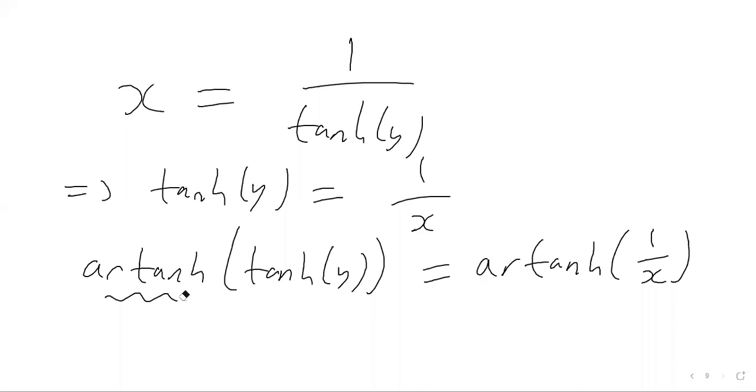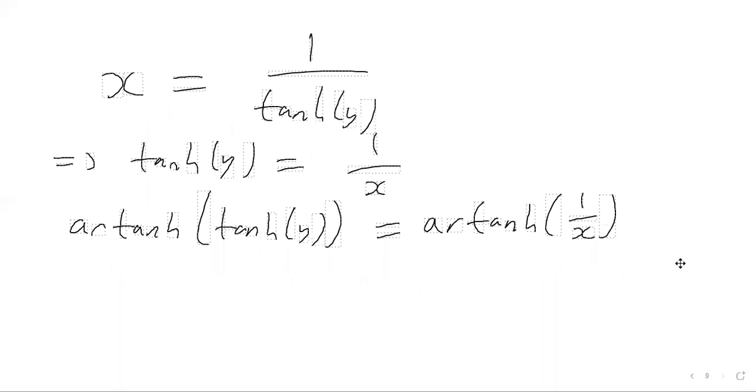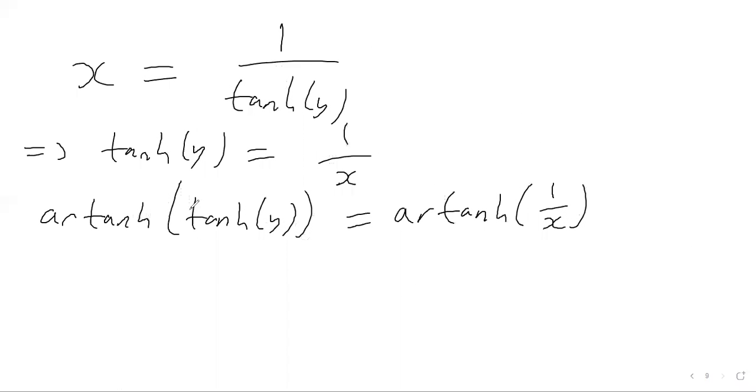We've got to check the range of this y function, and we've got to check that that range fits in or is a subset of the domain of this tanh function in order for us to get a y on the left-hand side.